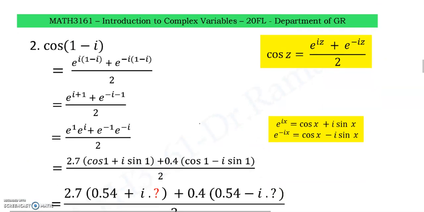Similarly, now we'll see the second question, that is cosine of the complex number 1 minus i. Now we know the rule for cosine z from the slide 2. So cosine z is equal to e to the power iz plus e to the power minus iz over 2. So here we replace z by 1 minus i. So now e to the power i multiplied by 1 minus i plus e to the power minus i multiplied by 1 minus i over 2.